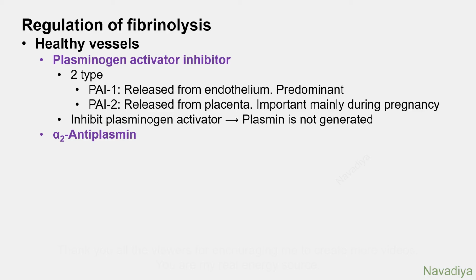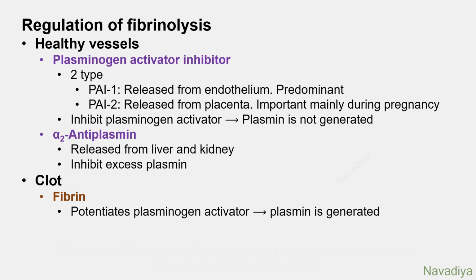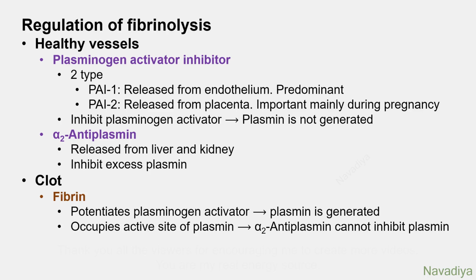And still, if it's activated, alpha-2 antiplasmin, which is released from liver and kidney, will inhibit excess plasmin. On the other hand, in a clot, fibrin potentiates tissue plasminogen activator, so plasmin is generated. Also, fibrin occupies the active site of plasmin, so alpha-2 antiplasmin cannot inhibit plasmin. In short, the presence of fibrin increases plasmin activity.